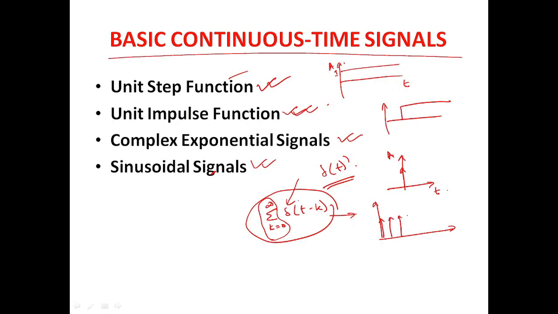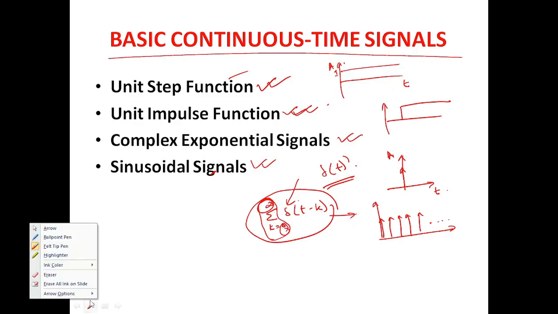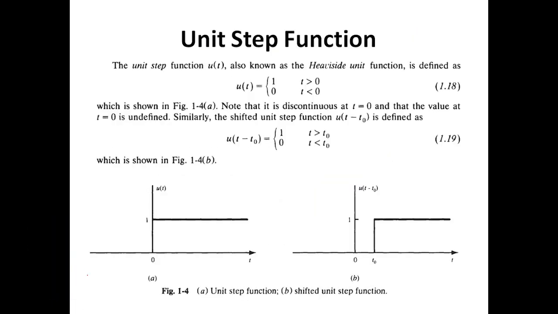These are the impulse functions which are present at integer values. Where is this useful? This is useful during the sampling of continuous time signals. We have already discussed the impulse train, impulse function and unit step function in our previous classes, so I'll be moving forward now.